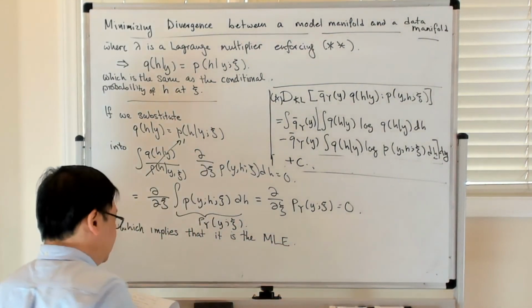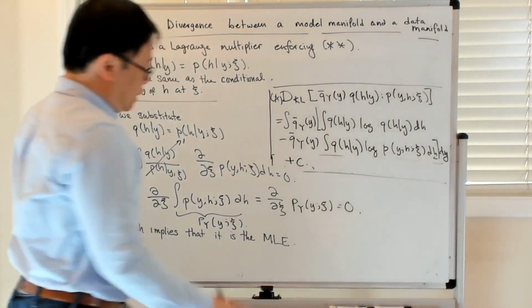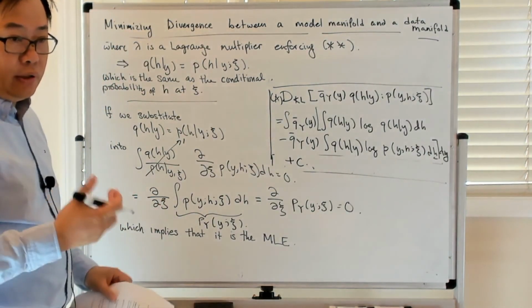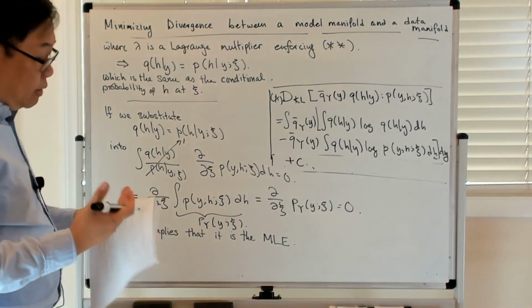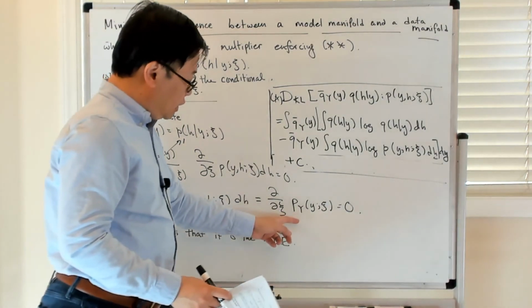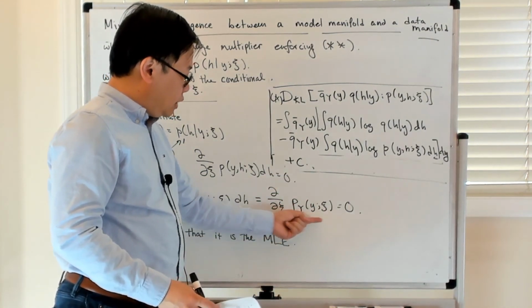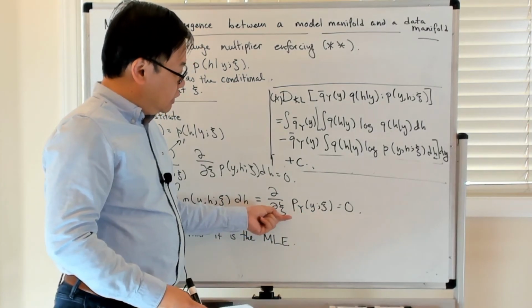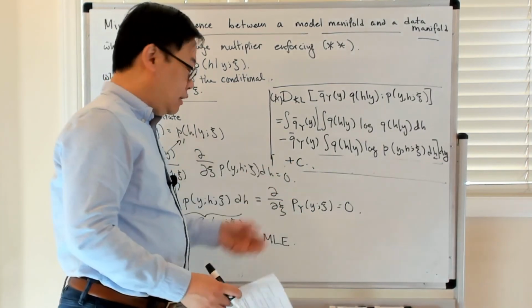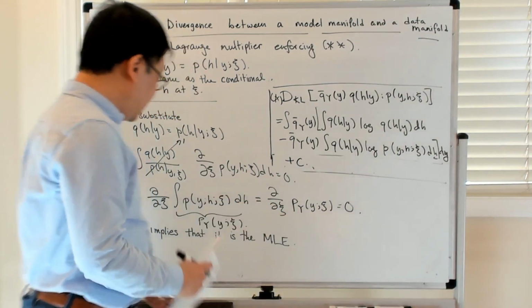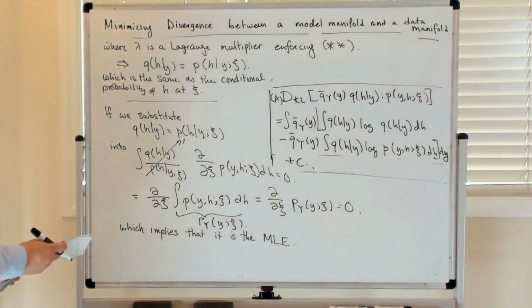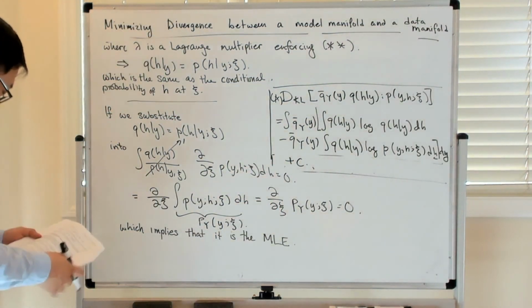The maximum likelihood estimator simply says you choose the point which is the maximum of the probability as your estimator. I'm setting the derivative to 0, which could be a minimum or a maximum. In this case, it's the maximum. So that shows what we set out to show.